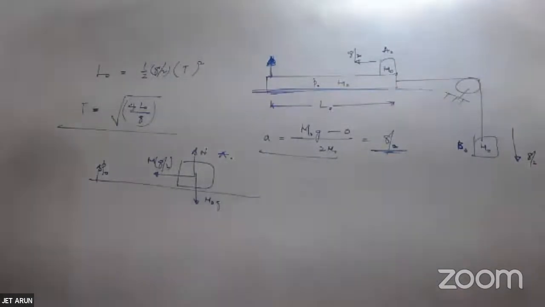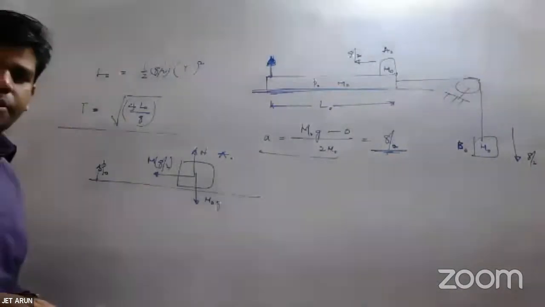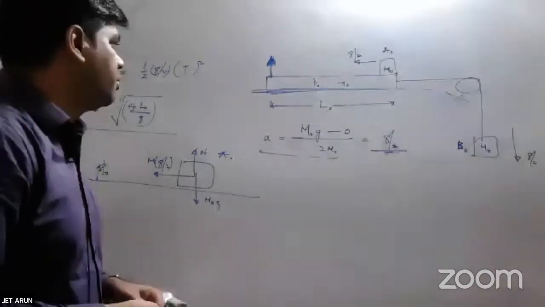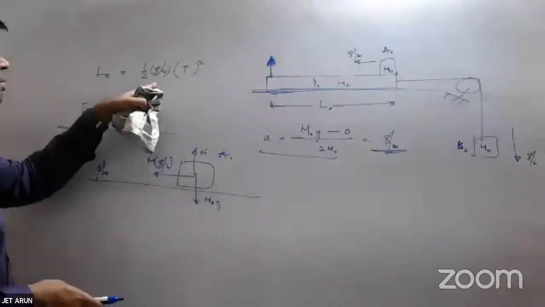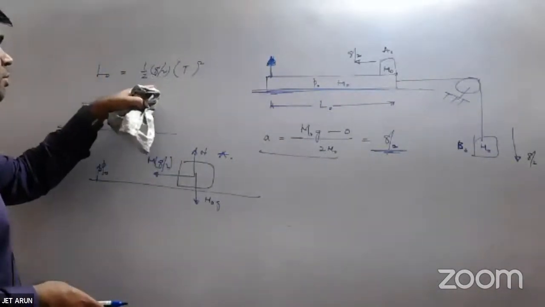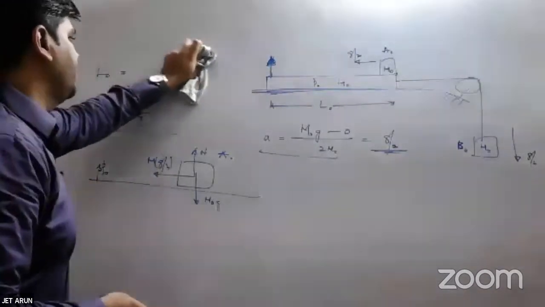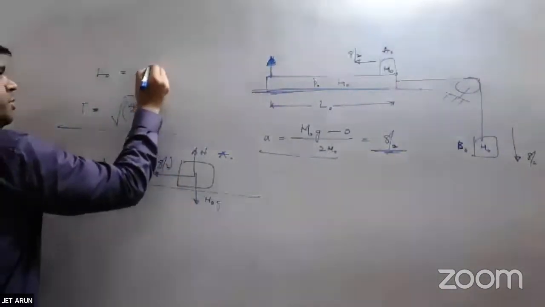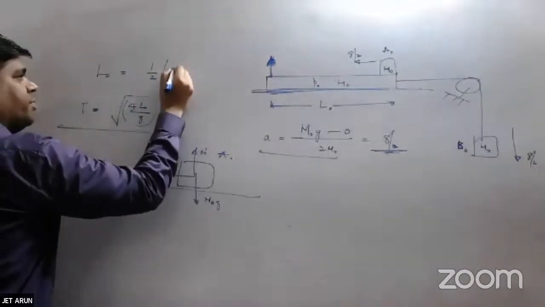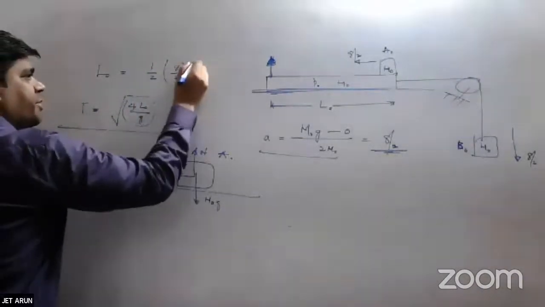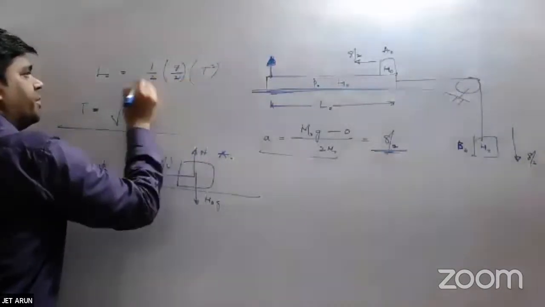Sir, how did that equation come? Which one? This equation? Yes, sir. S is equal to ut plus half a t squared. u is 0, half into g/2 into t squared.